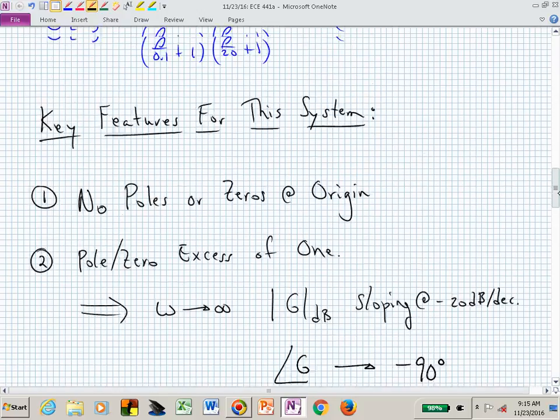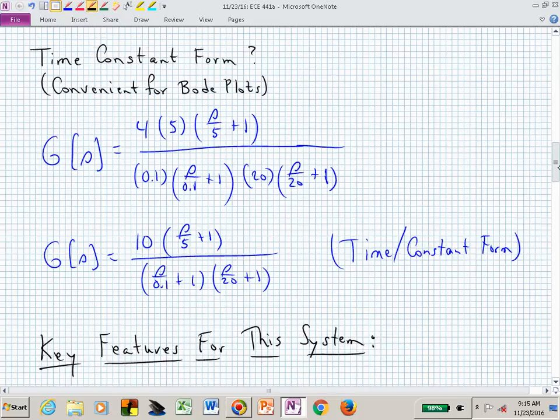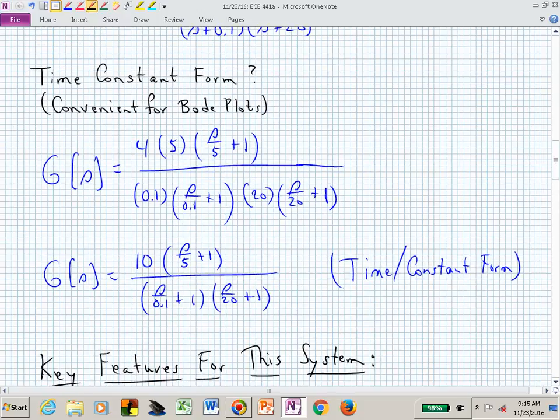In this particular system, since we do not have any pole or zero at the origin, it's pretty nice in terms of where we pin our magnitude plot, because now we can immediately find the gain at low frequencies. If we have a pole or zero at the origin, it's sloping, and now you have to figure out where to start your Bode plot.